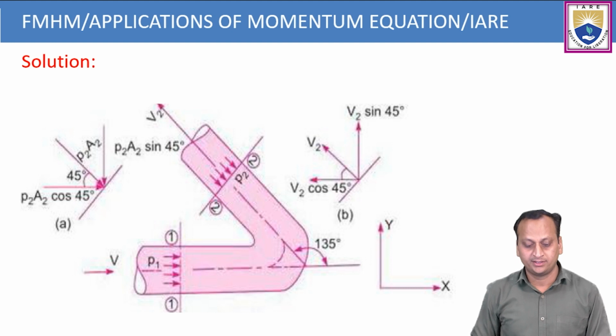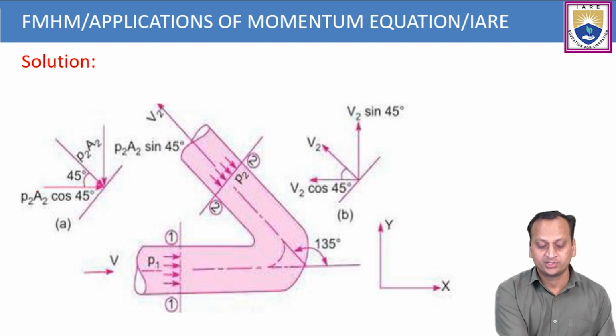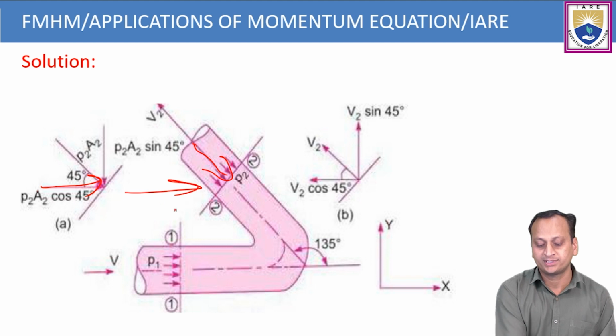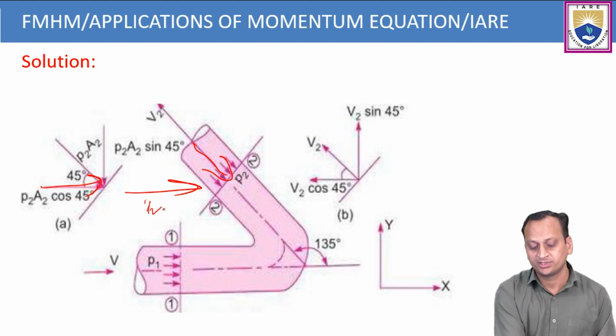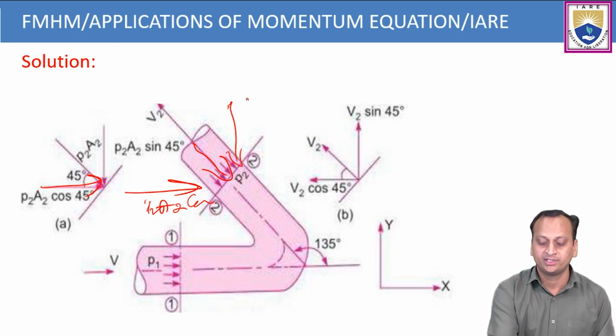So here the various parameters are as given. If you draw the diagram, the horizontal pressure force becomes positive because it acts in the forward direction, and the vertical pressure force becomes negative, coming downward, P2 A2 sin theta.